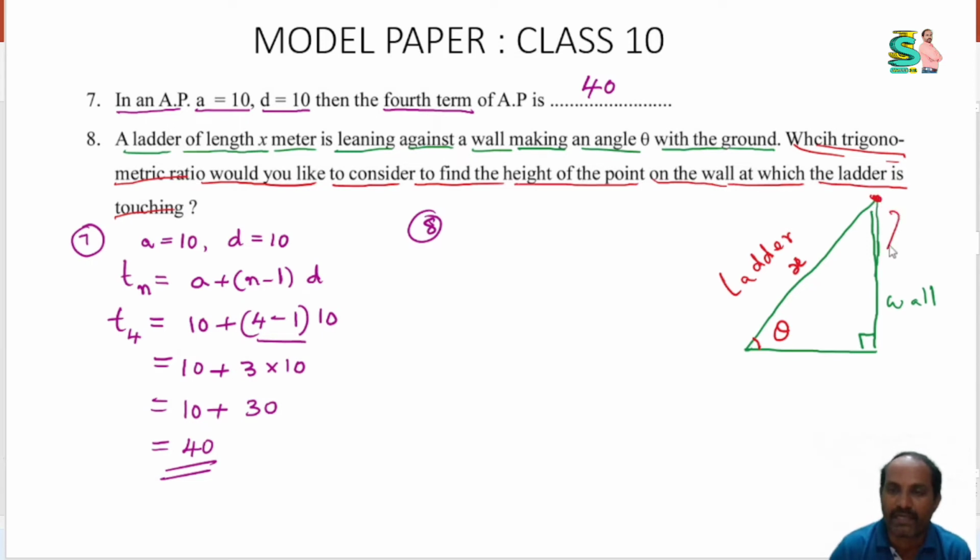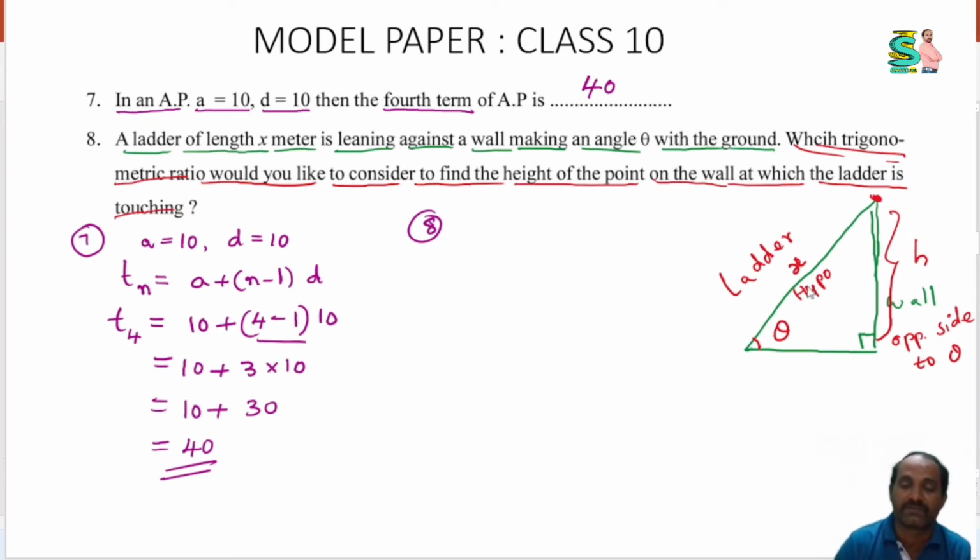So what is the trigonometric ratio you are going to use to find this height? This one is theta, this is the side opposite to theta, and this one is the hypotenuse. So for finding h, we use these two sides only.